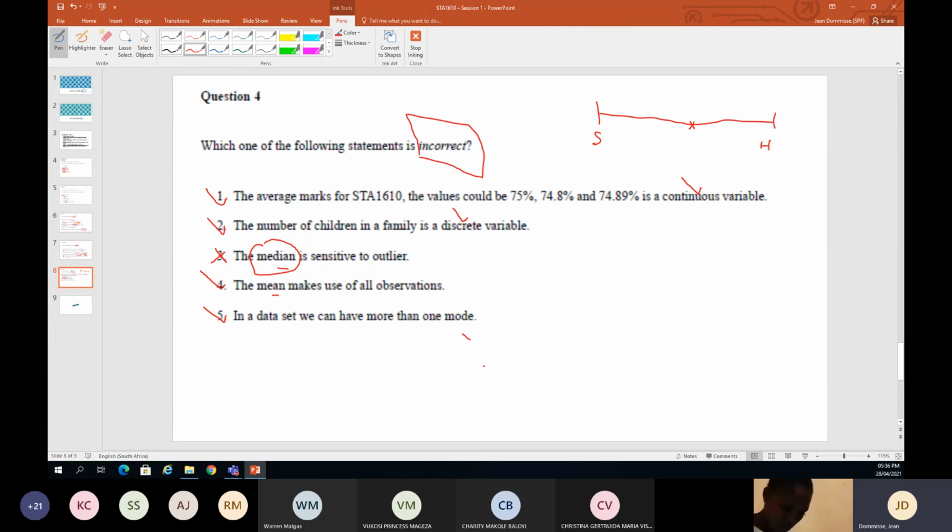I will show you in study unit 2 when we look at stem and leaf an example where it can have more than one mode. It can actually have 2 or 3 modes. So that is also correct. So the incorrect option is option 3.